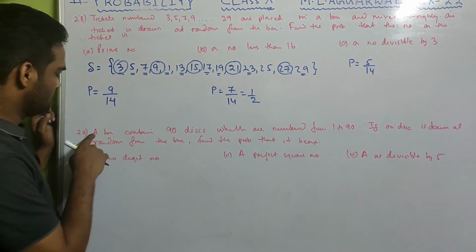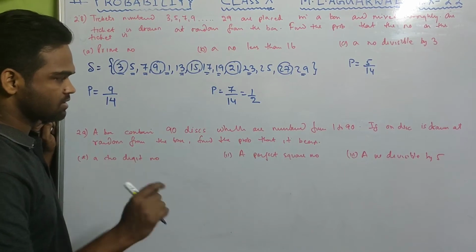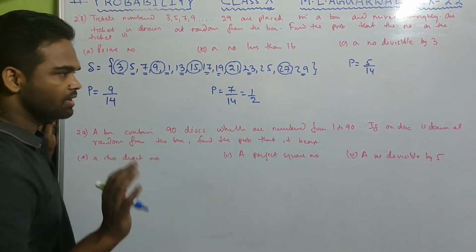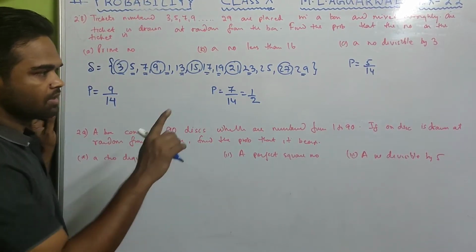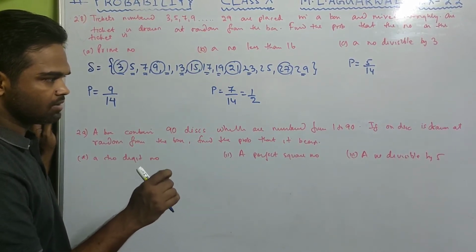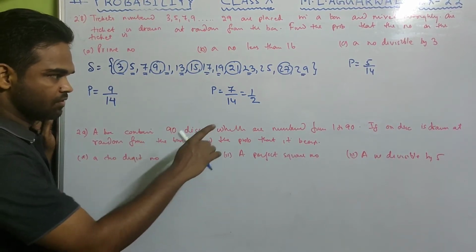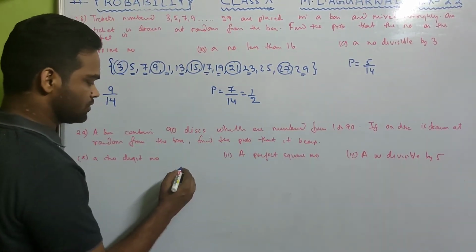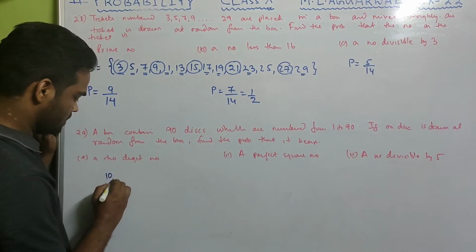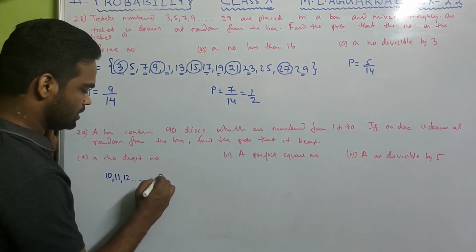Now let us look at this sum, 29. A box contains 90 discs which are numbered from 1 to 90. If one disc is drawn at random from the box, find the probability that it bears a 2-digit number. First of all, your 2-digit numbers start from 10, 11, 12 till 90.